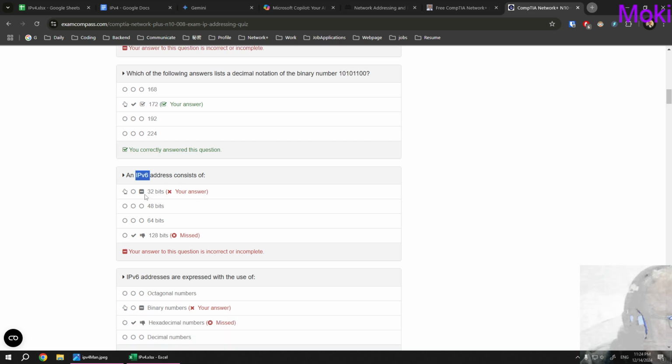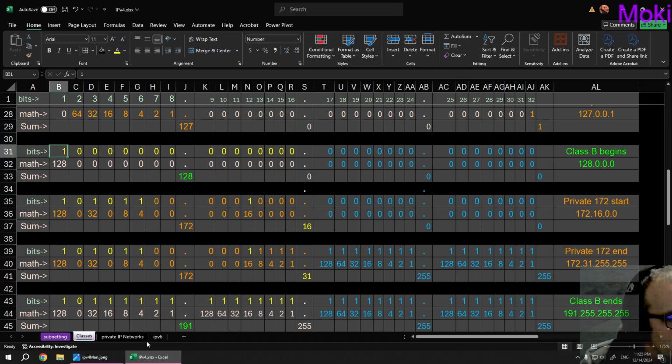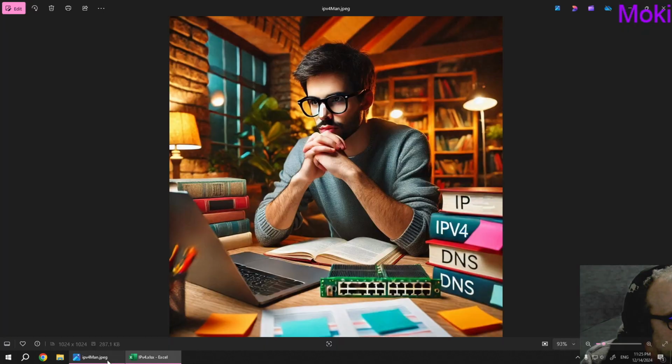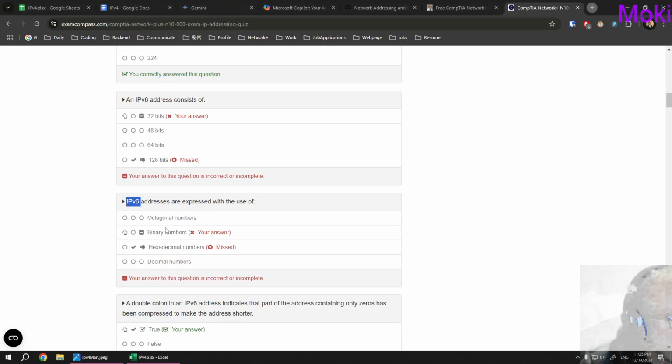IPv6 consists of, and I wrote 32, I wasn't paying attention, this is 6, 128 bits. I'm gonna make an IPv6 sheet later. It's hexadecimal, not binary, not decimal.